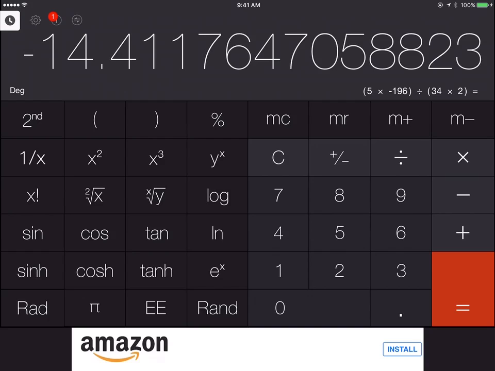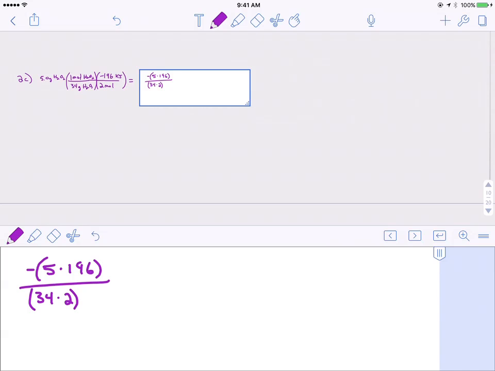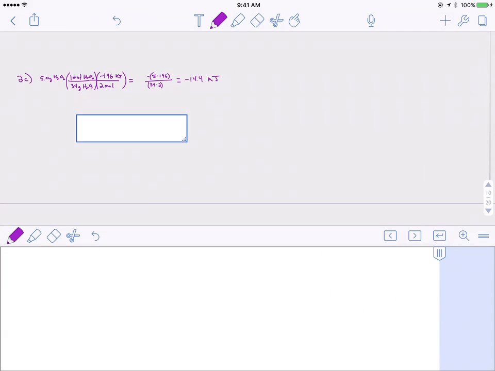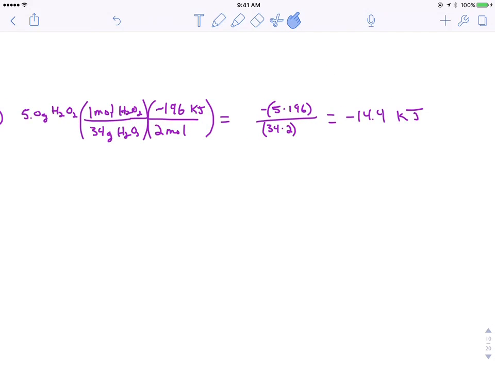Looks like negative 14.4. Negative 14.4 kilojoules is produced from 5 grams of H2O2. Excellent. So, great example with problems I put on quizzes. Keep track of this. Cool.